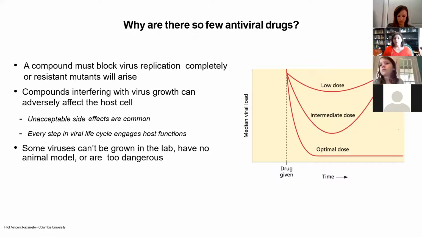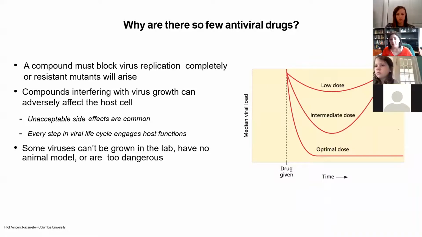When we're making an antiviral compound, it's really difficult because it needs to block infection completely. Viruses have a very high mutation rate, and if you don't block infection completely, resistant virus is going to grow out of there, because you're going to have resistant mutations.